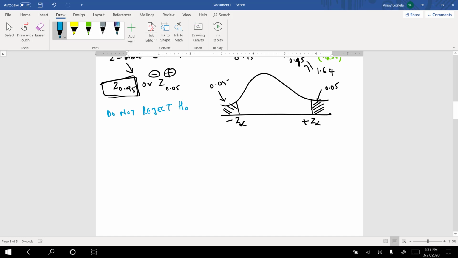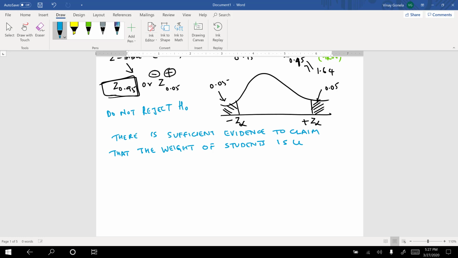So you can provide a statement saying there is sufficient evidence to claim that the weight of students is less than 160 pounds at 95% confidence.